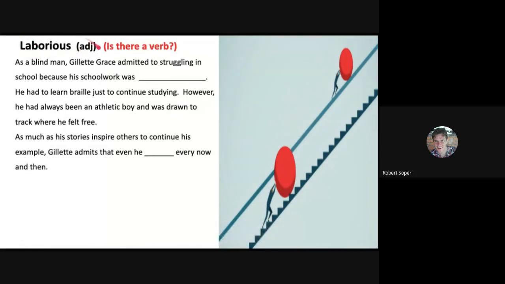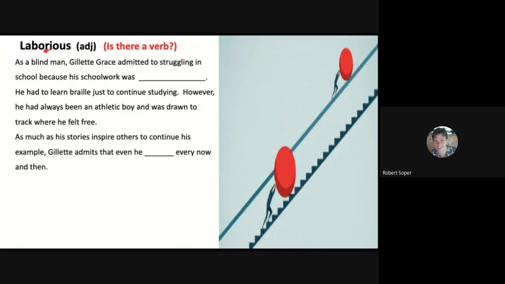Difficult. So before we move on, think about, are there other forms of this word? Is there a noun? Is there a verb? Try and think of those word forms in your head. Yeah, there is a noun and there is a verb.